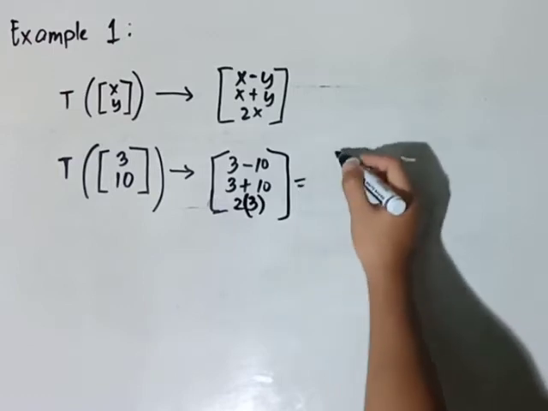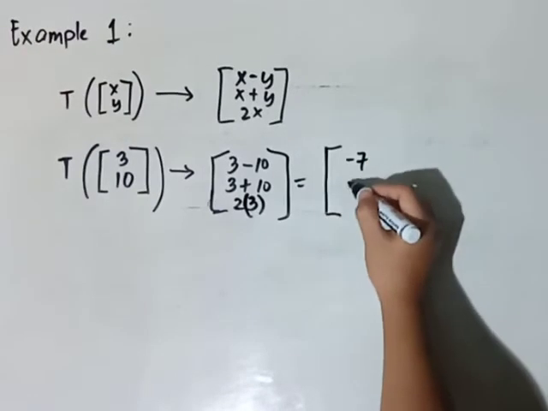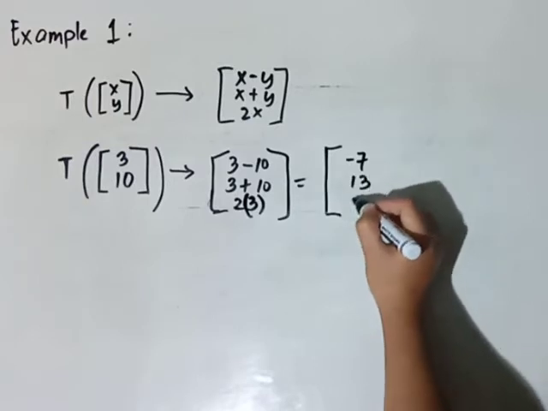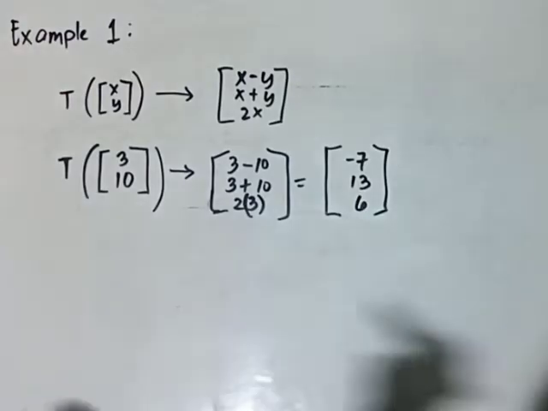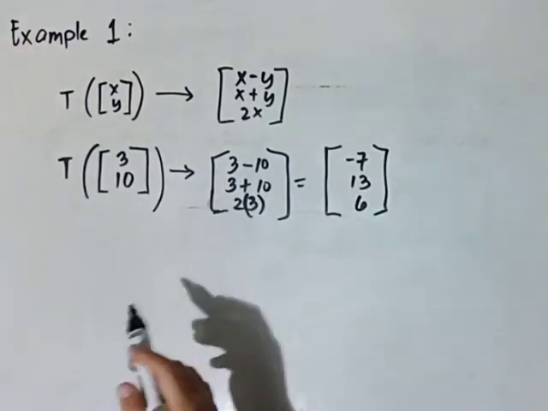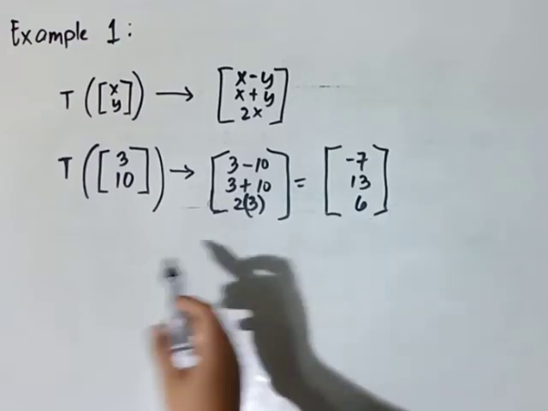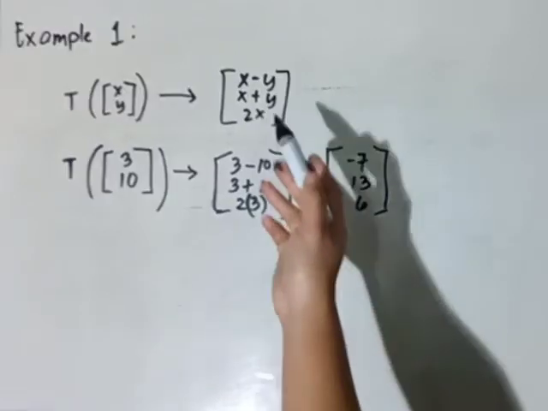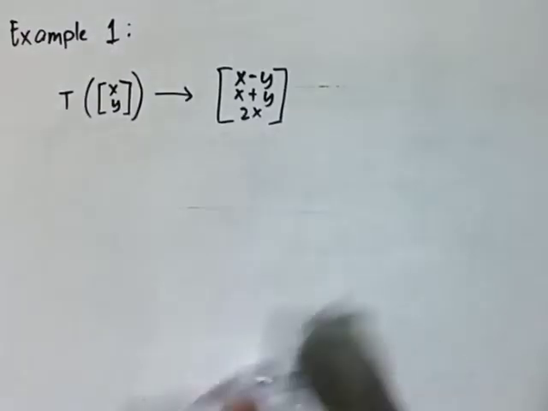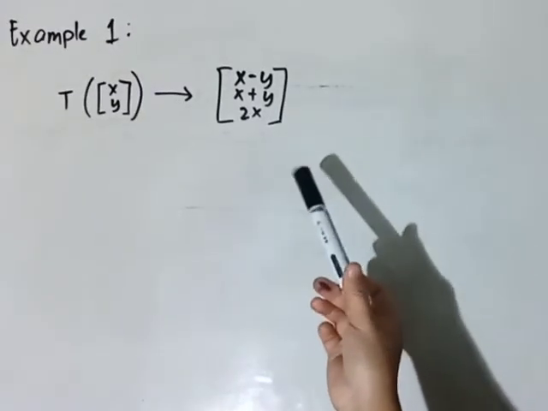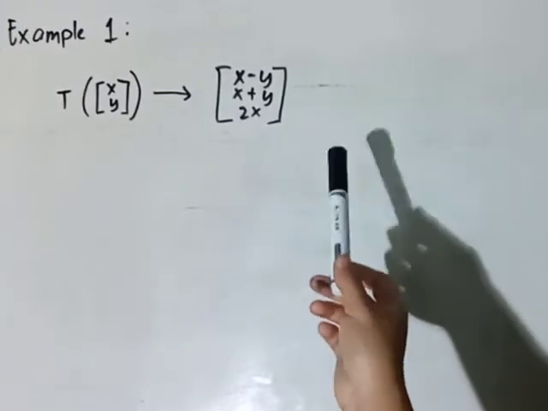That is the same as -7, 13, and 6. So this is just an example of a transformation based on this rule. But our aim here is to prove that this is a linear transformation using the properties of linear transformation.